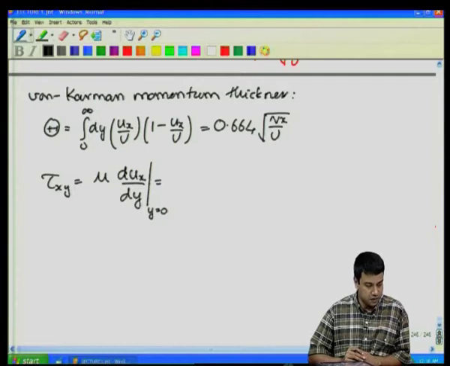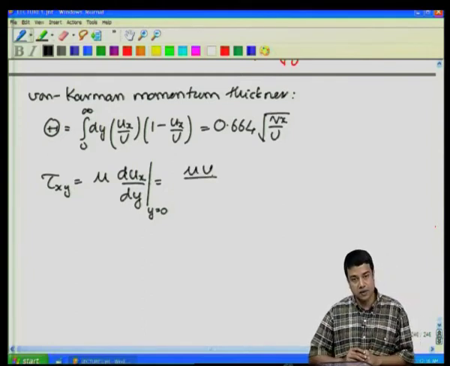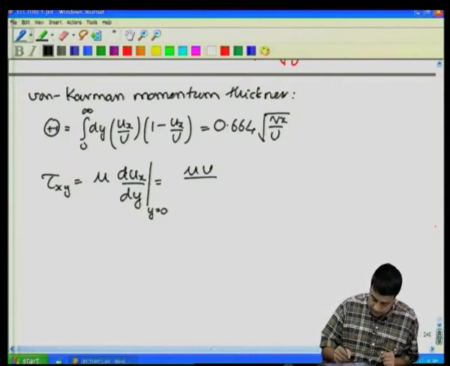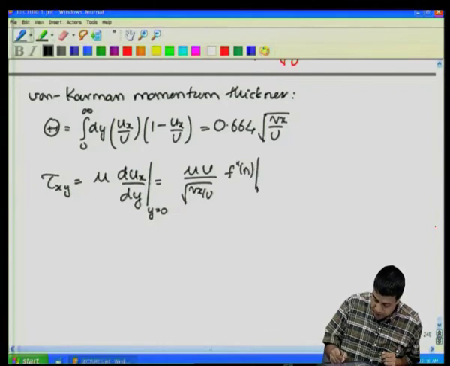Y is equal to 0 corresponds to eta is equal to 0. So, if I do that, I will get mu U by the boundary layer thickness, that is root of nu x by U, times f double prime of eta at eta is equal to 0.